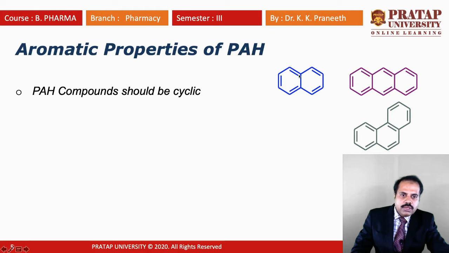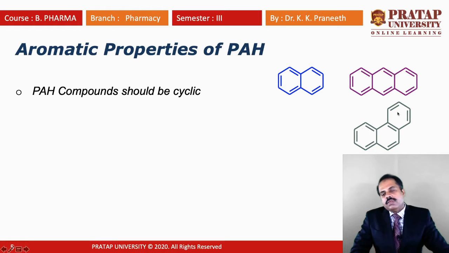You can go this way or that way, and come back here without any break, in a cyclic manner, like in benzene. Same thing in the case of anthracene and phenanthrene. There is no break; you can go around and come back to the same position. So they are all cyclic systems.